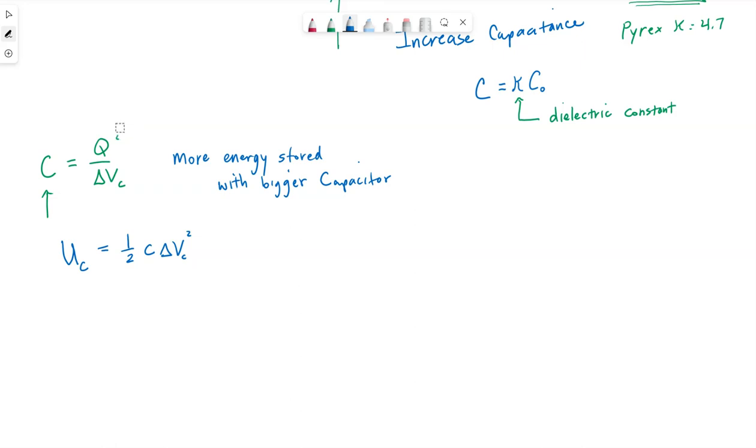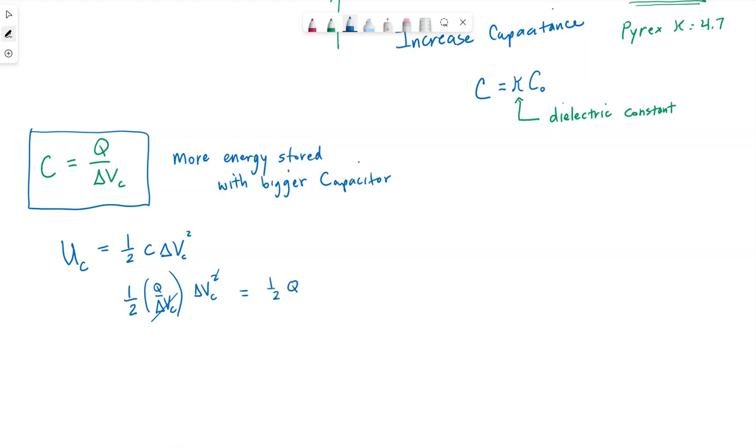But using this equation right above it, in place of C, I could put Q over delta V. When I do that, one of the delta V's will cancel, so the energy could also be written as the charge times the potential difference.